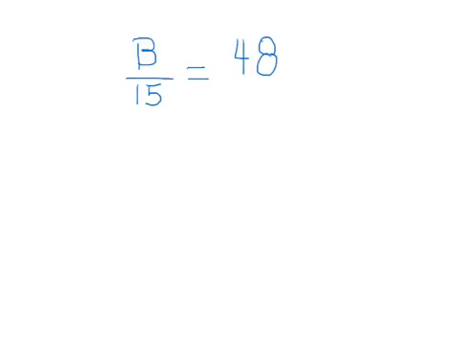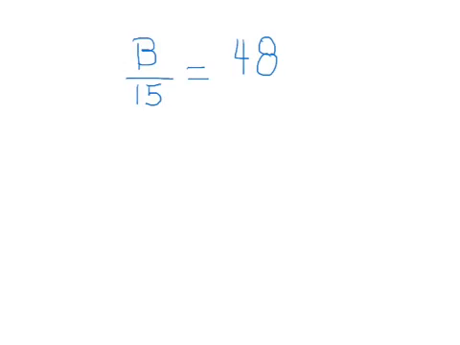Alright, so in this segment, I have some number divided by 15 gives me 48. So I have to think about this number. One of the ways that I can think about the number is that if I divide b by 15 and get 48, that means b is 48 times 15.